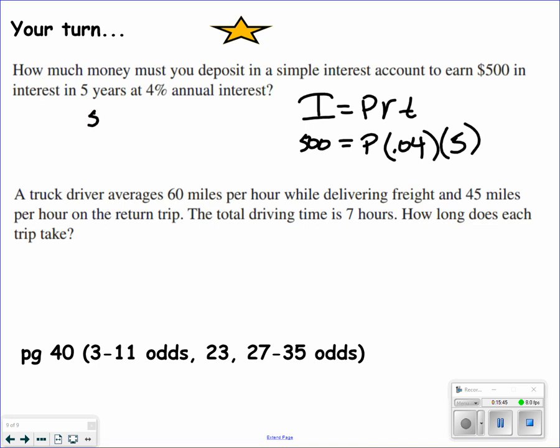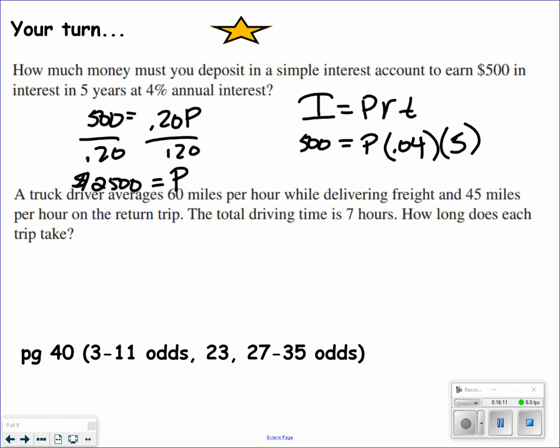So now, go ahead and multiply. 0.04 times 5 would be 0.20. Divide by 0.20. Some of you are going to need to pull out a calculator. 500 divided by 0.20 would be 2,500. So you would need to put $2,500 in the bank.